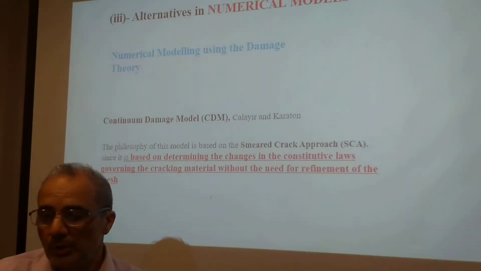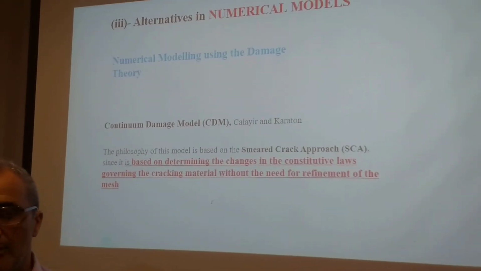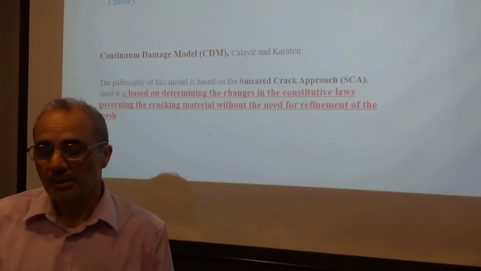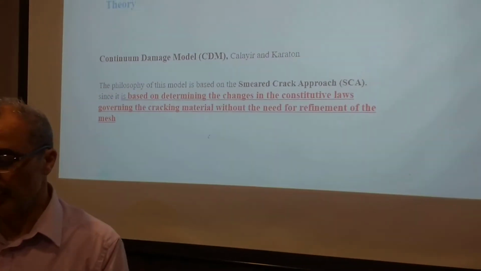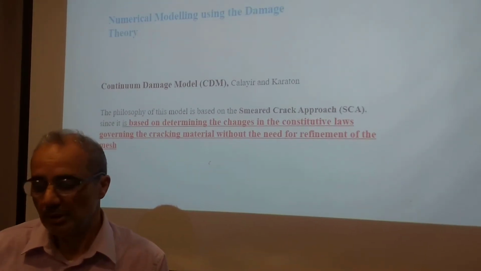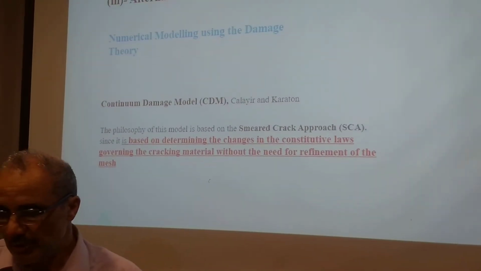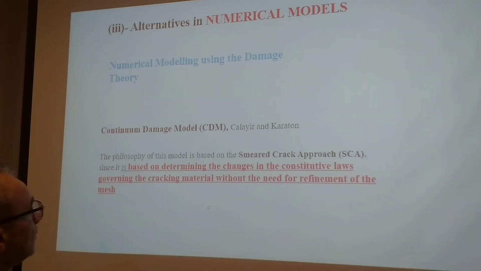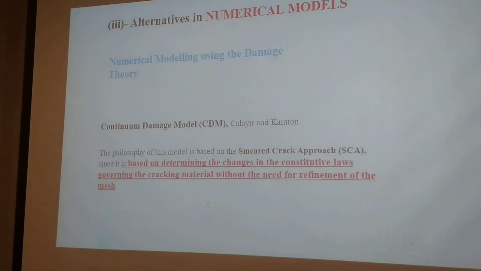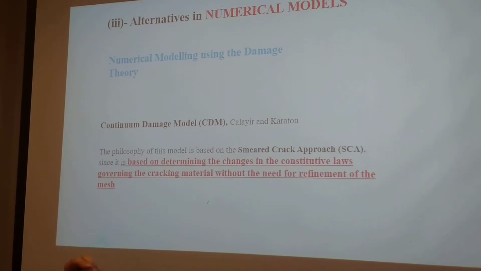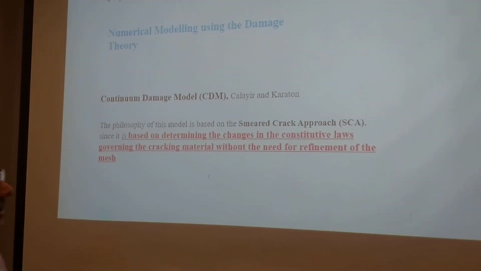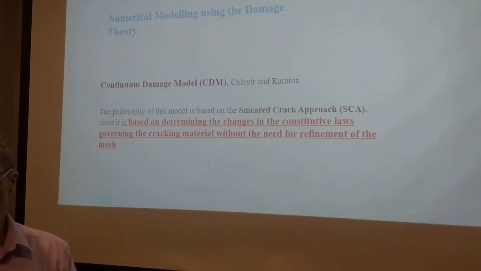Now, when we go to numerical models, we have a lot of alternatives. But for an engineer, it's important to think about the one that is more suitable to the problem. For example, this is a continuum damage model, CDM, which is based on determining the changes in the constitutive laws governing the cracking material without the need for refinement of the mesh.